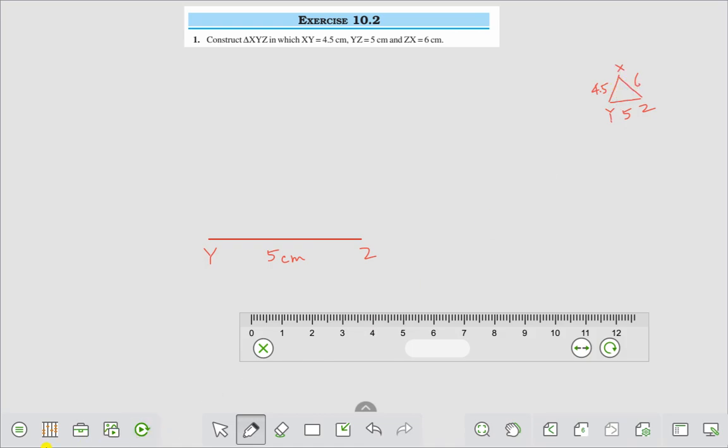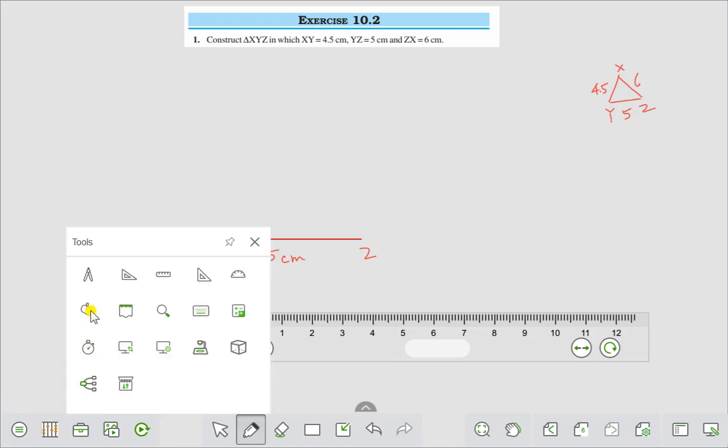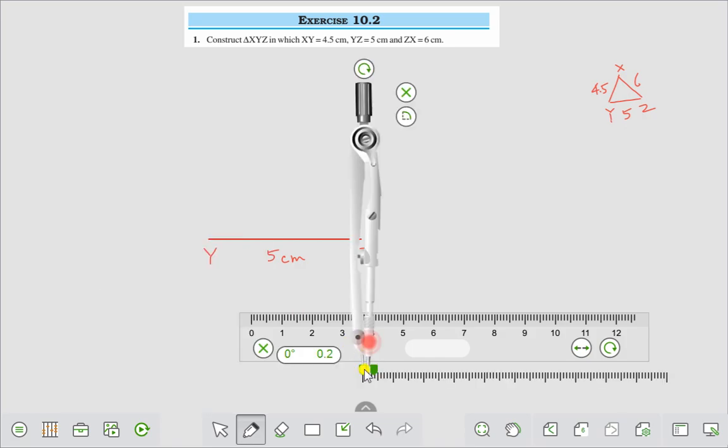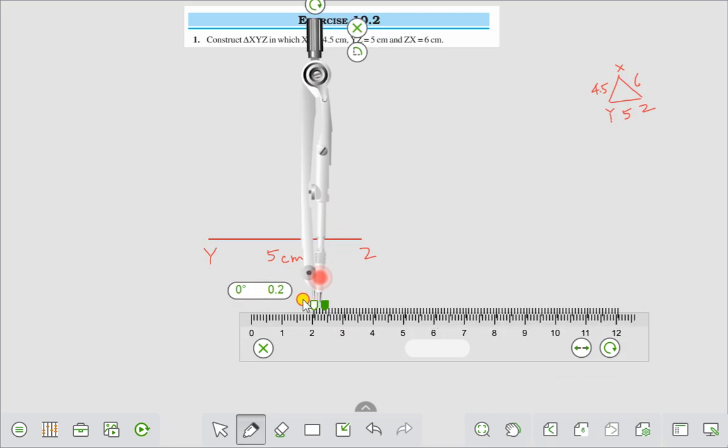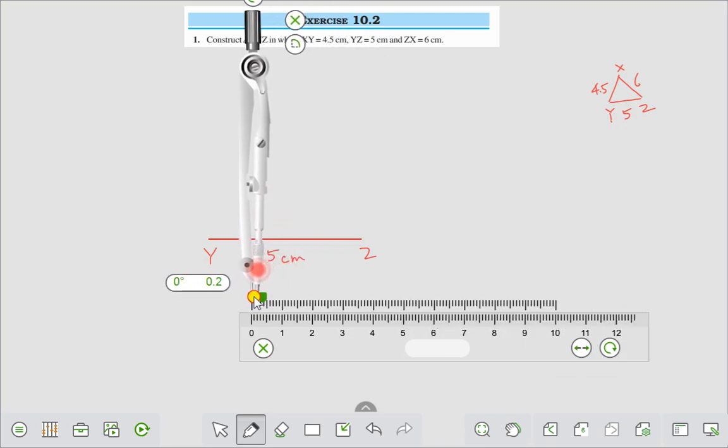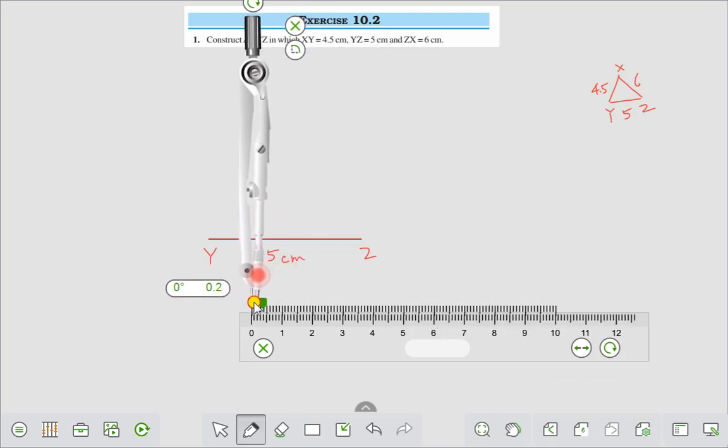Let us take a compass. Here we have taken a compass. With this compass we will measure the length. We have to take 6 centimeter.